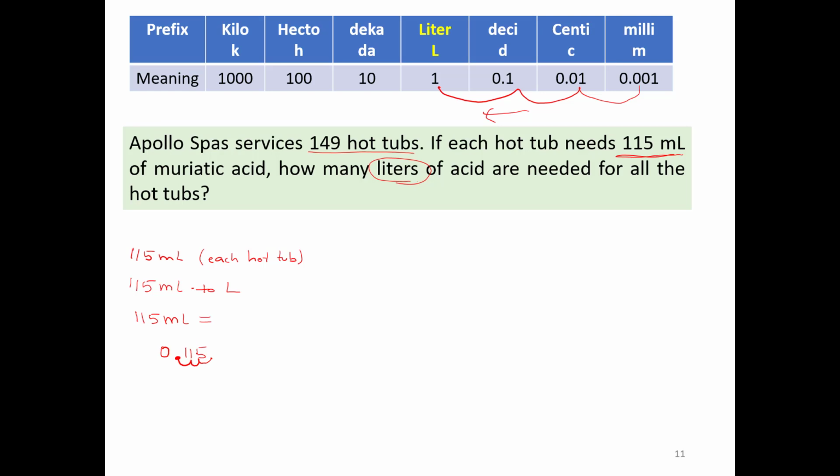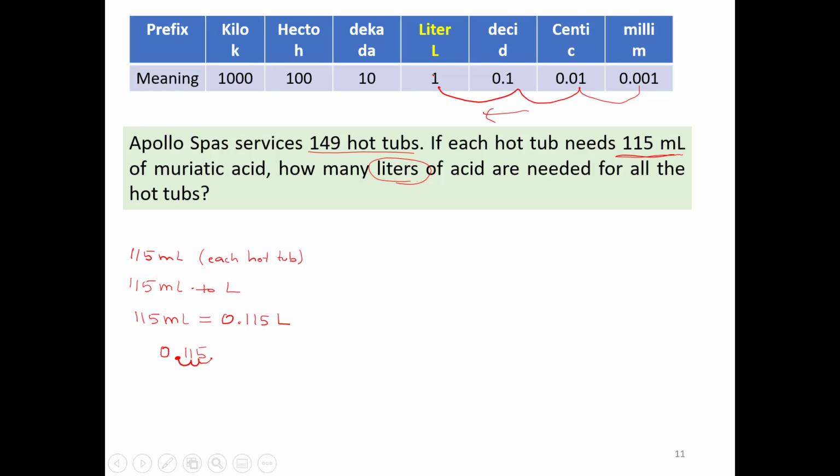The decimal point when we convert from milliliters to liters, then we have 0.115 liters. Yes, because here we move from milliliters to liters. And now we know the volume for one hot tub is 0.115 liters.